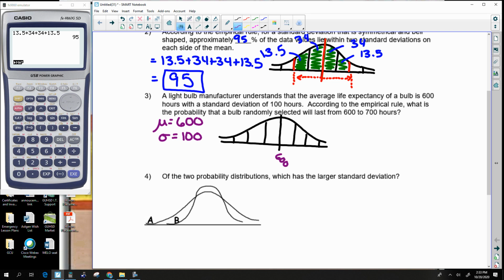Standard deviation being 100, that would be 700, 800, and 900 on those lines, as well as 500, 400, and 300. They want to know what percentage is between 600 and 700. So it'd be just the singular bar right there. That singular bar just so happens to be 34% of the data. So this is just straight up 34%.